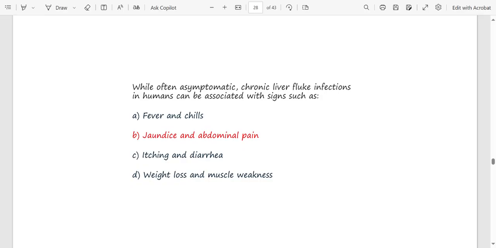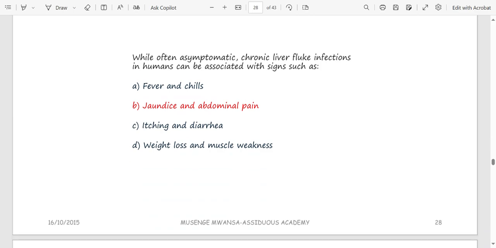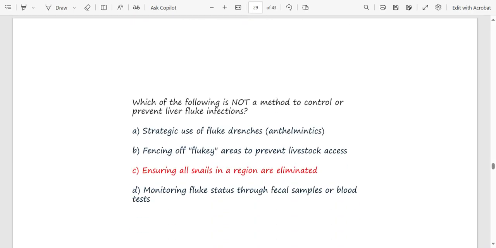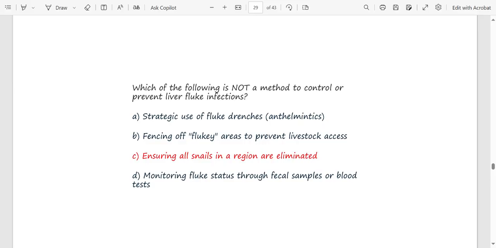While often asymptomatic, chronic liver fluke infection in humans can be associated with signs such as fever and chills. Now, fever and chills, that is not really chronic, that is acute, right? Jaundice and abdominal pain, that's chronic, isn't it? Itching and diarrhea and renal. So we had mentioned the three phases. We've got the asymptomatic, you have got the acute, and then the chronic.